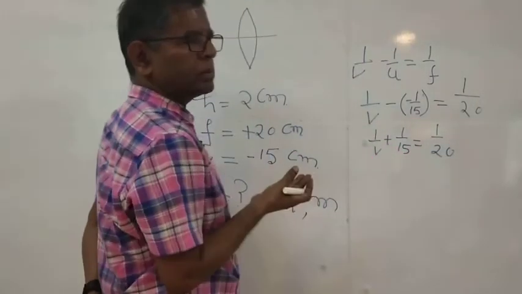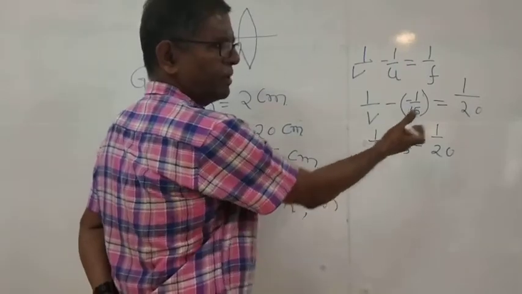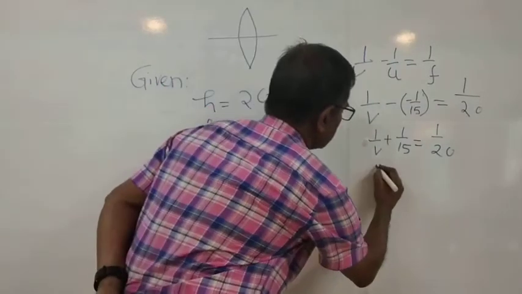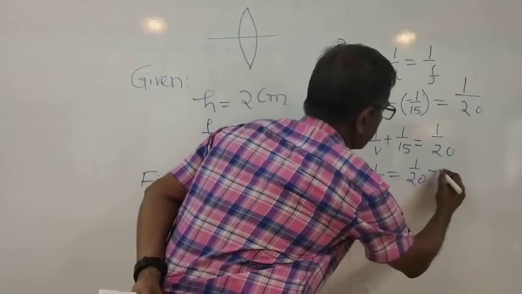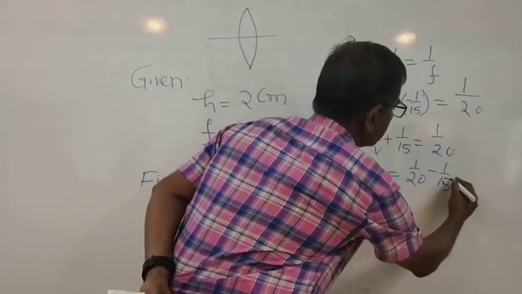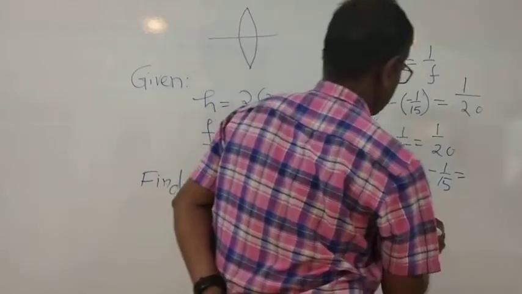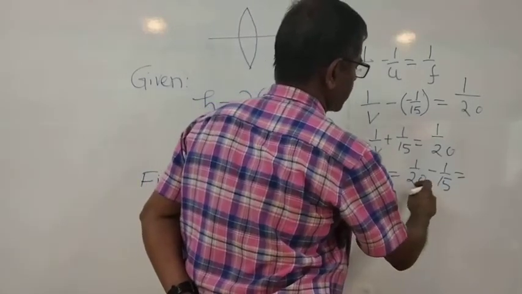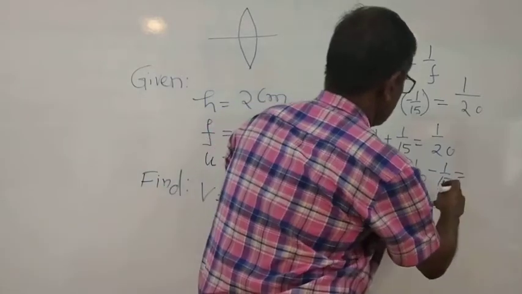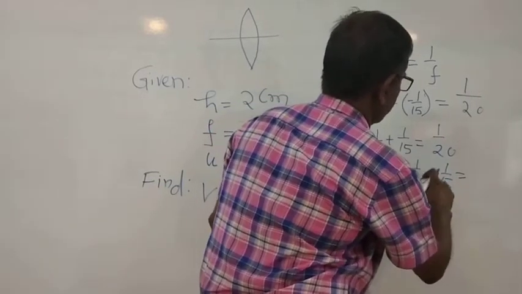Now you can simplify this fraction. 1/V becomes 1/20 minus 1/15.